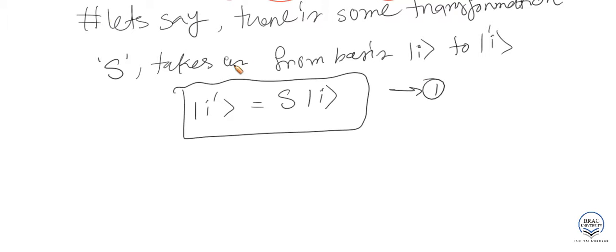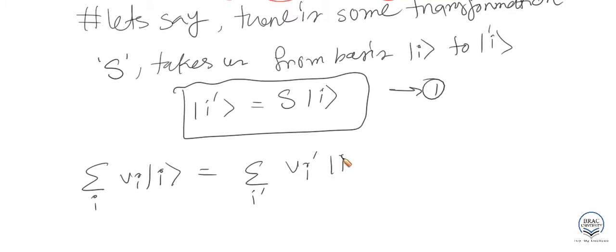Let's try to see it. So we have our summation over i, V_i i, is equal to the sum over i prime, and you have V_i prime and you will have i prime, right?